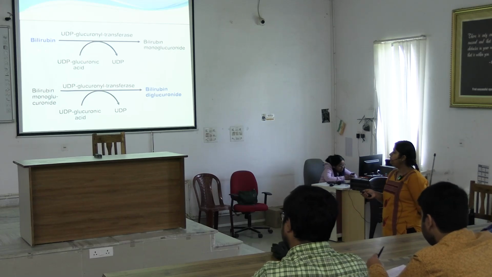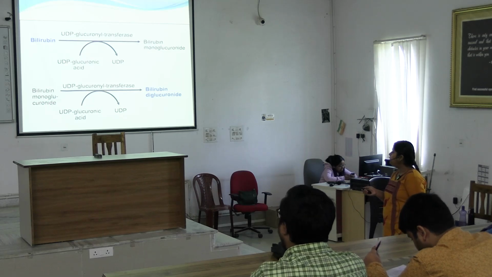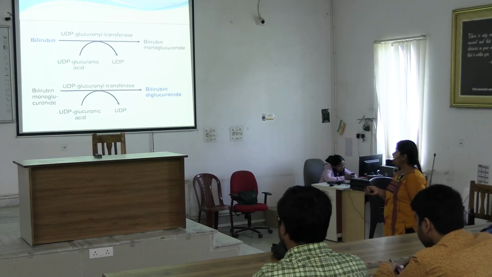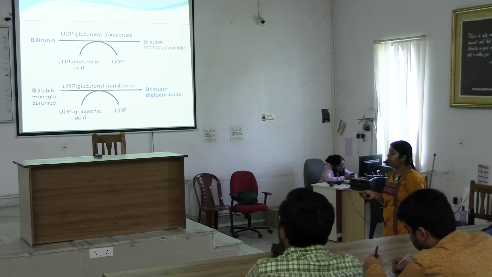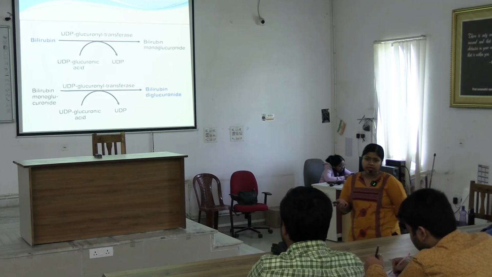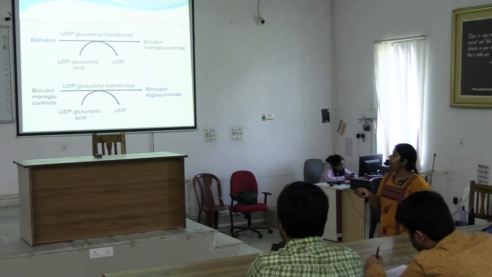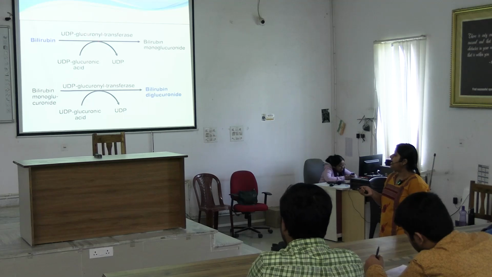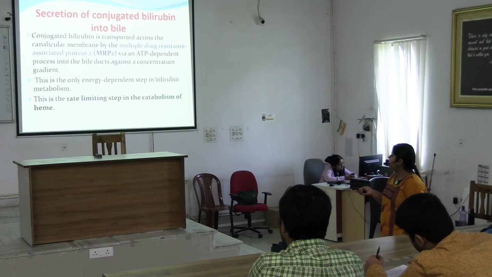From bilirubin it converts to bilirubin monoglucuronide. Then in the next step, one more glucuronic acid is added to form bilirubin diglucuronide. I told you they are separate steps because various diseases can occur because of this step mismatch. So we will see.